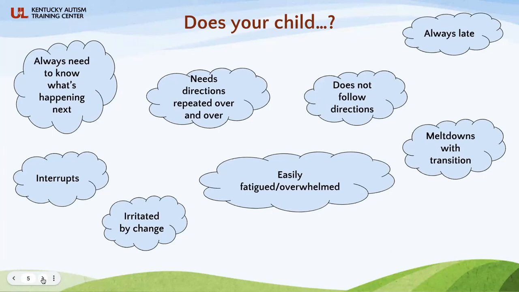Do they not follow directions or instructions? Do they experience meltdowns with transition? Are they easily fatigued or overwhelmed? Are they irritated by change, which may go with those transitions? And do they interrupt? Maybe not even constantly and all the time, but definitely during certain periods of time throughout the day or during different activities.